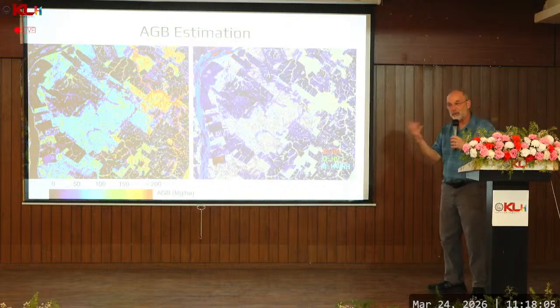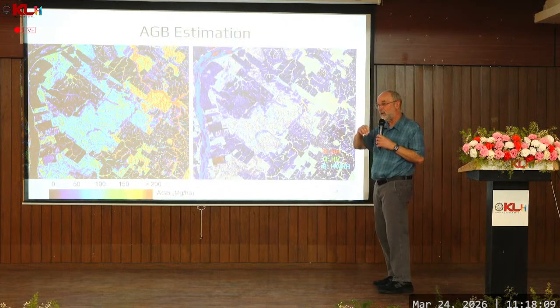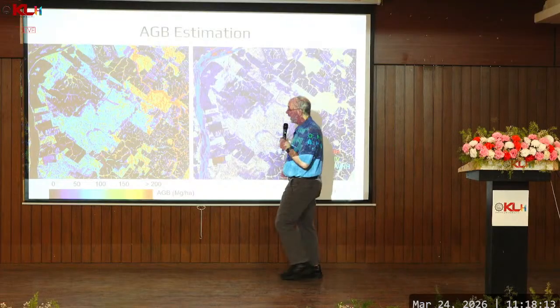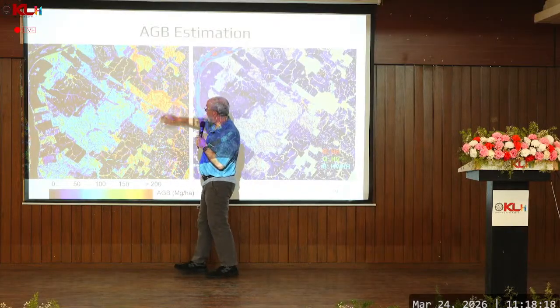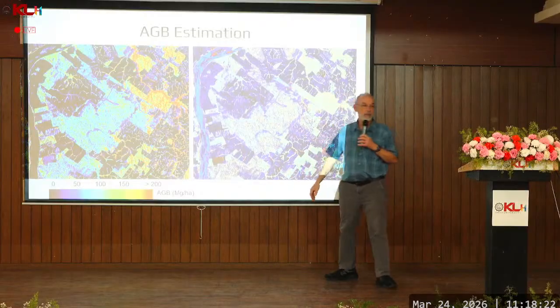Once you do that estimation of parameters using those known sites, you can apply the algorithm to the entire area. And you can see here places where there's low biomass and where there's high biomass mapped out in an image format.